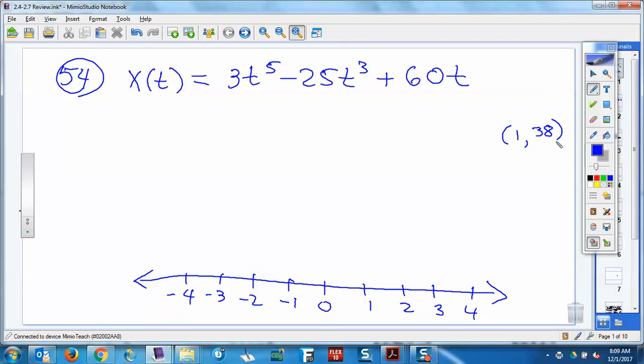That would be an ordered pair on that function. What would that mean? The 1 would be t, so let's pretend it's a car. At 1 hour, the car is 38 miles east of Bismarck. Now, we wouldn't usually write it as an ordered pair. We write it this way: x of 1 equals 38, and we'd say at 1 hour, it's 38 miles.